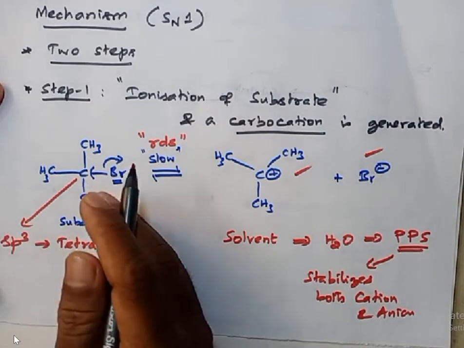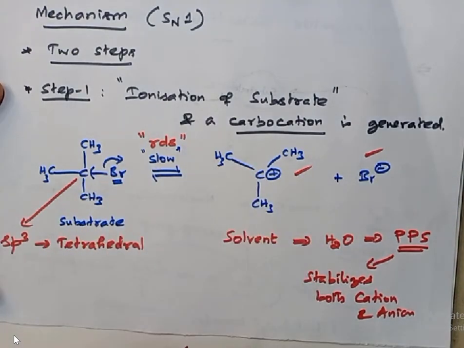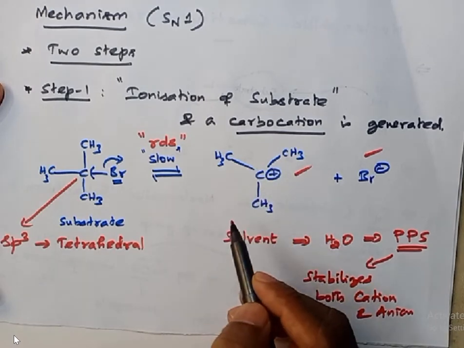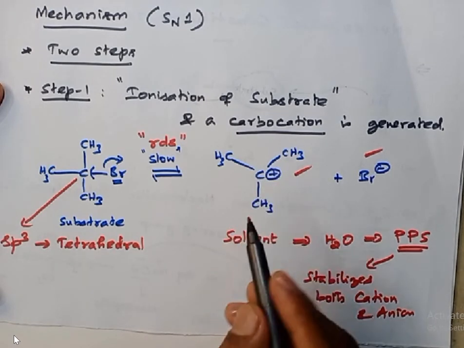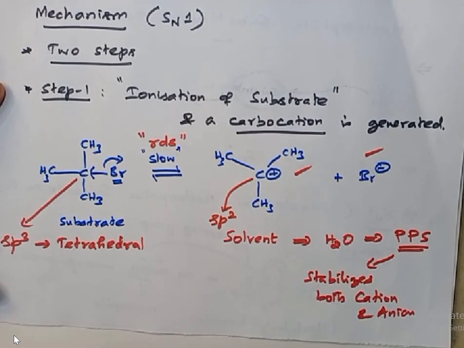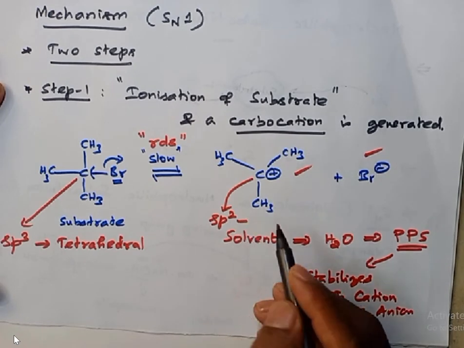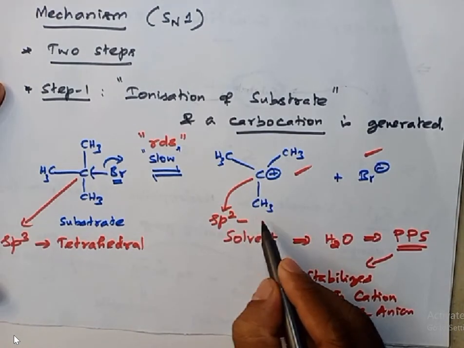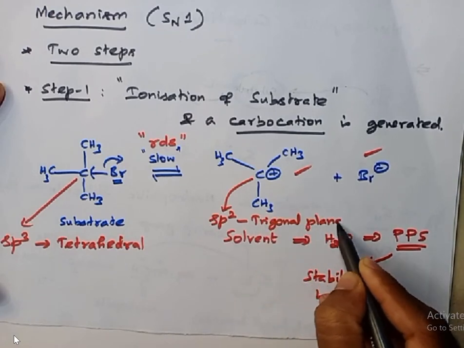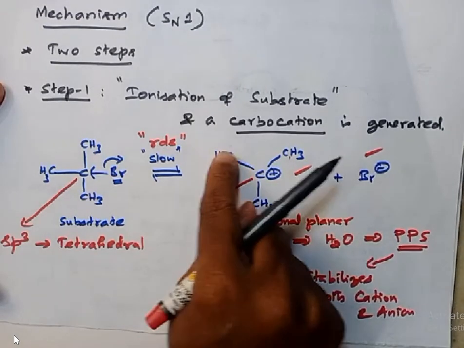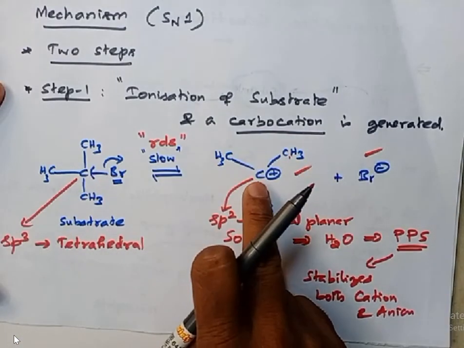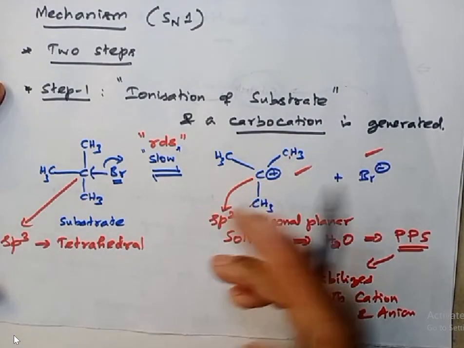Whereas when the carbocation is formed, now this carbon carries only 3 sigma bonds. Therefore the hybridization of this carbon is sp2. sp2 means it is trigonal planar, or simply planar. I'll write trigonal planar. So these three methyl groups exist in a triangle position, and all three methyl groups are in a single plane with the carbon atom. See what I'm trying to say?